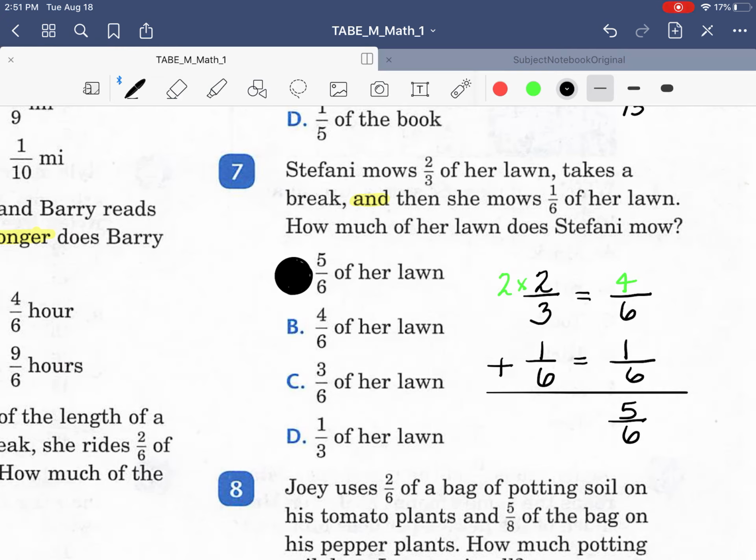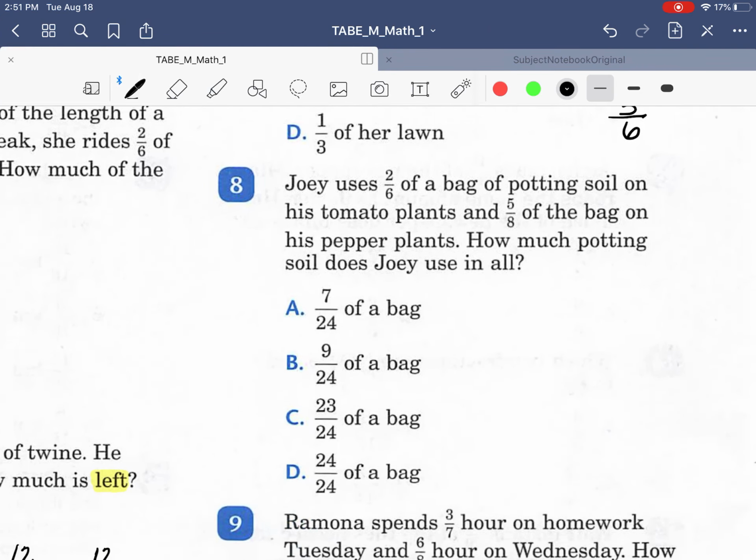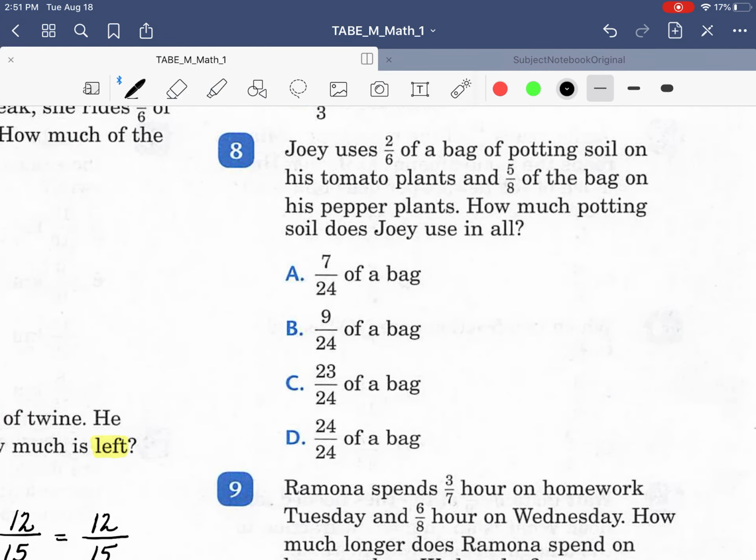You must get a common denominator. Number 8. Joey uses 2/6 of a bag of potting soil on his tomato plants and 5/8 of the bag on his pepper plants.